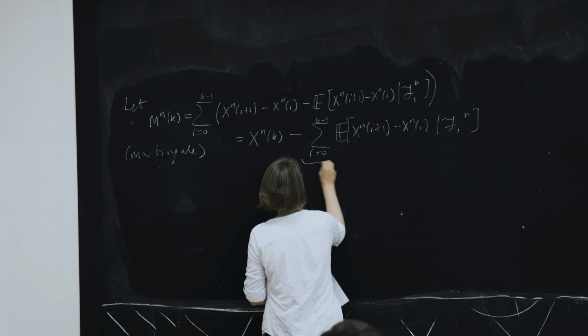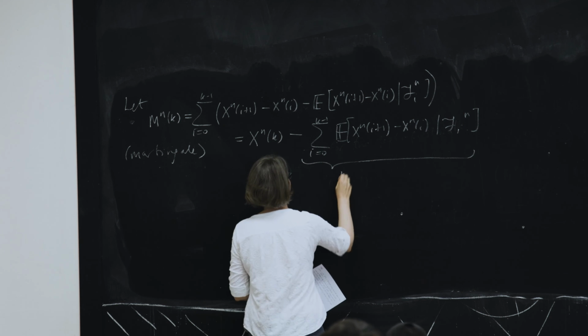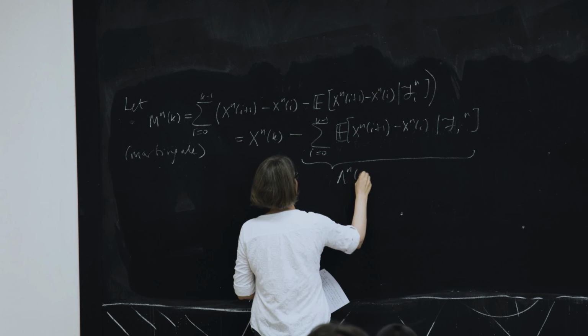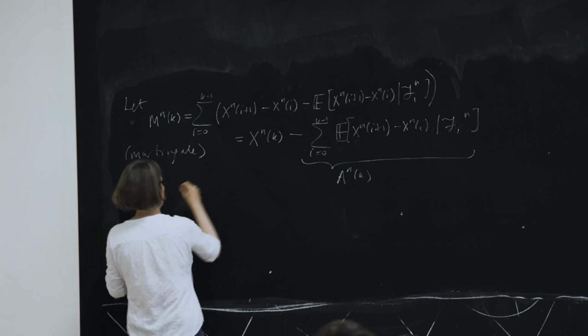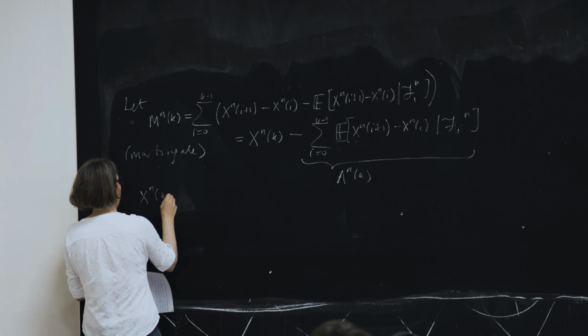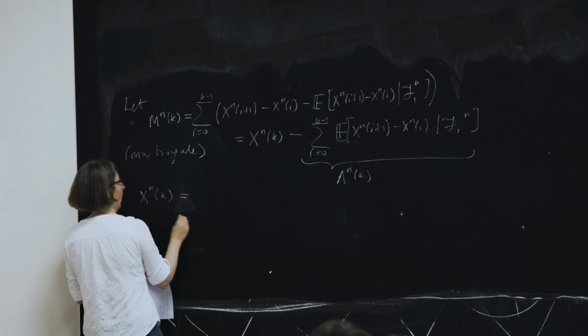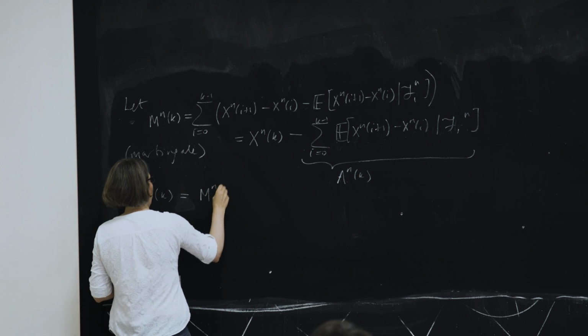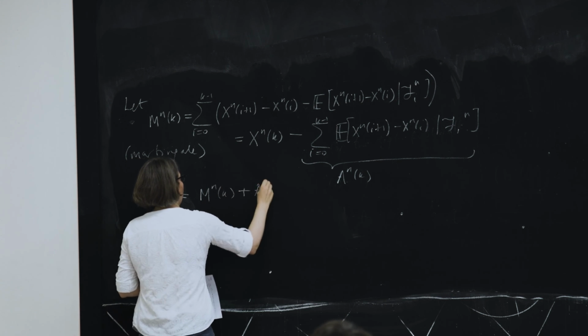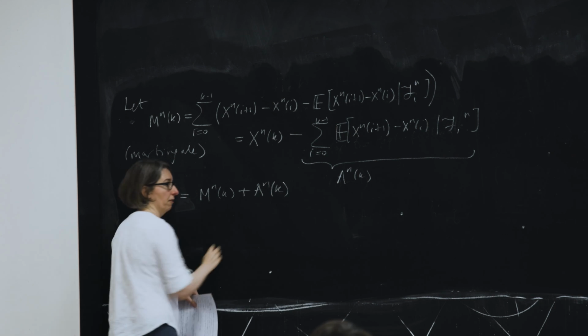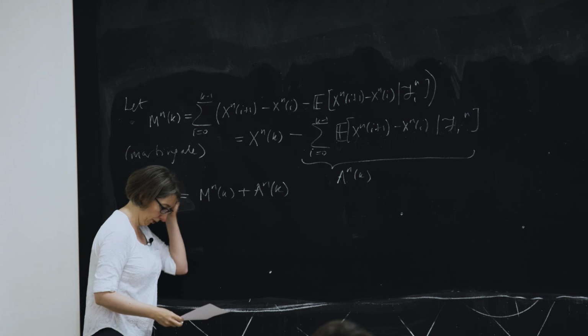And I'm going to call this process, without the minus sign, A_n of k. So in particular, if I just rearrange this expression, I've split my process X into a martingale part and a bit that's going to represent the drift.